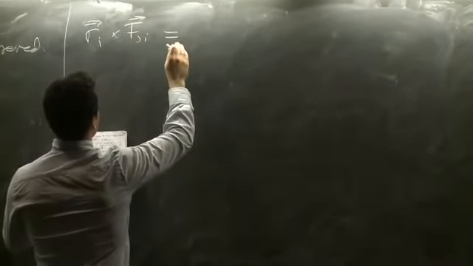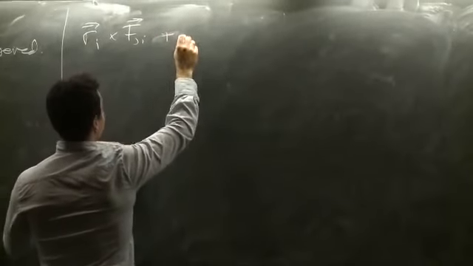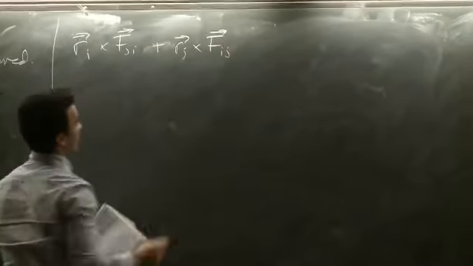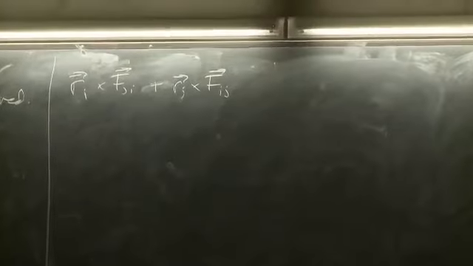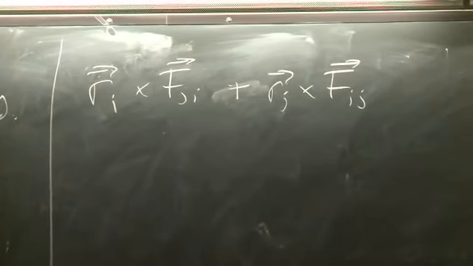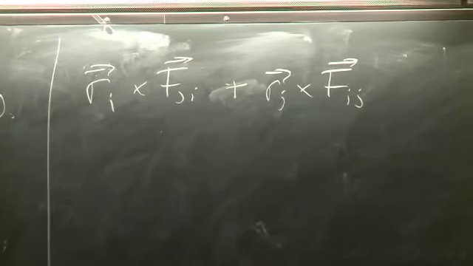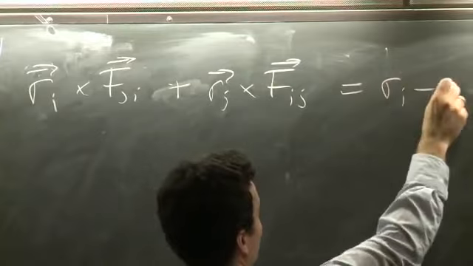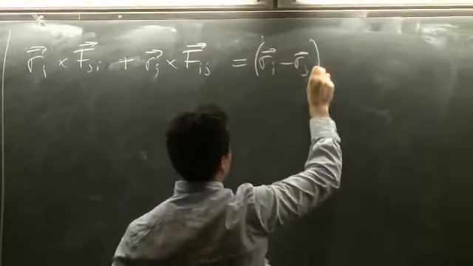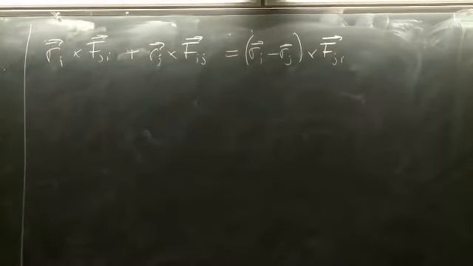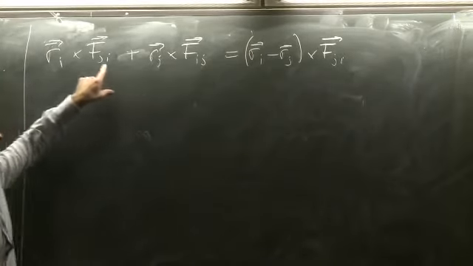So if I add this term, I'm allowed to do that just by interchanging the indices i and j here. So I can write this as follows, just by exploiting the fact that F_ij is minus F_ji.